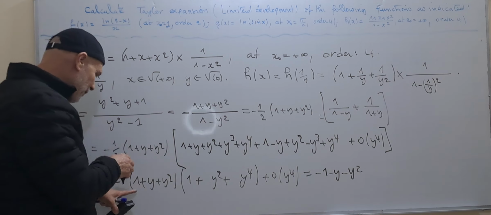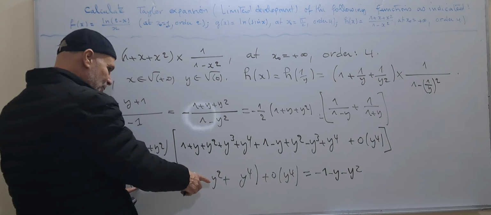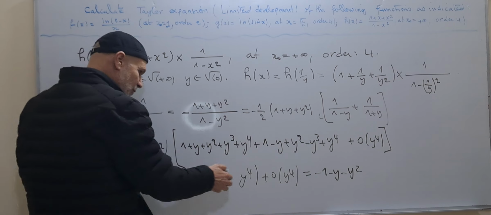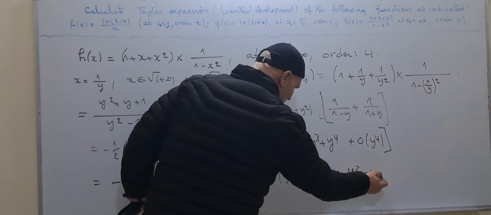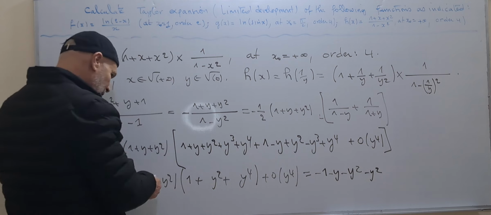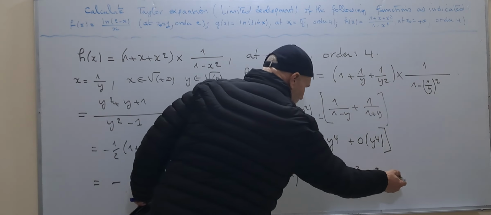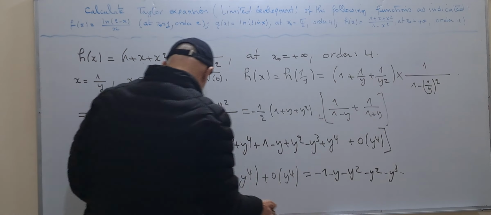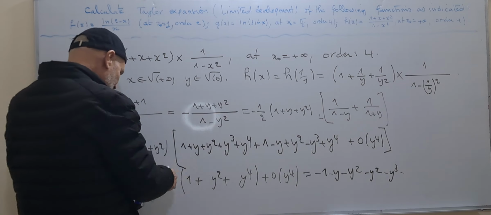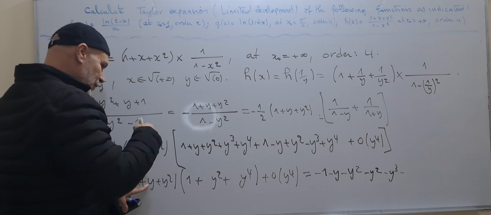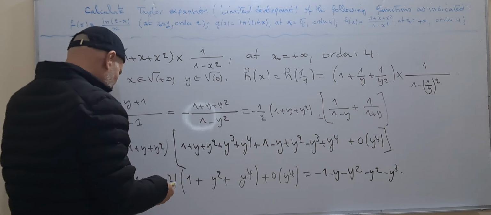For the first, it's okay. For the second, we keep minus y squared, minus, once again, y squared, minus y power 3, minus y power 4, we put it in y power 4.